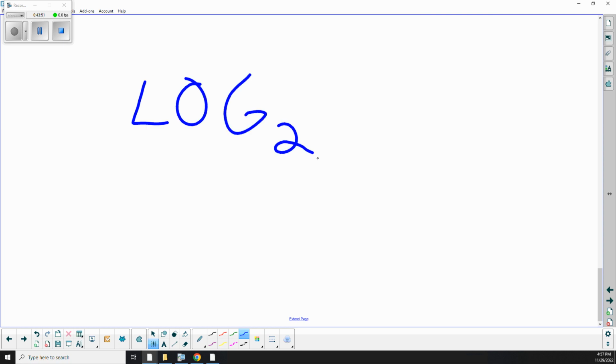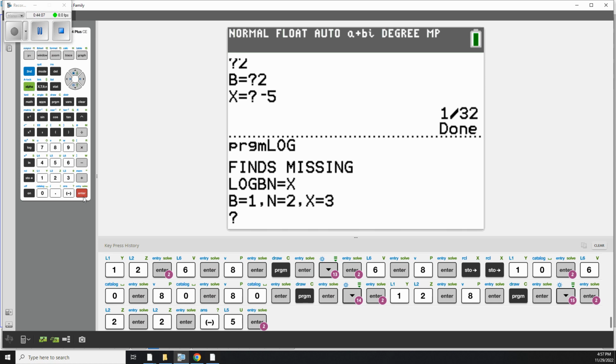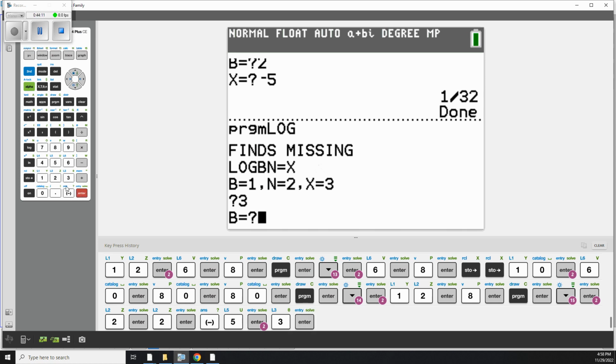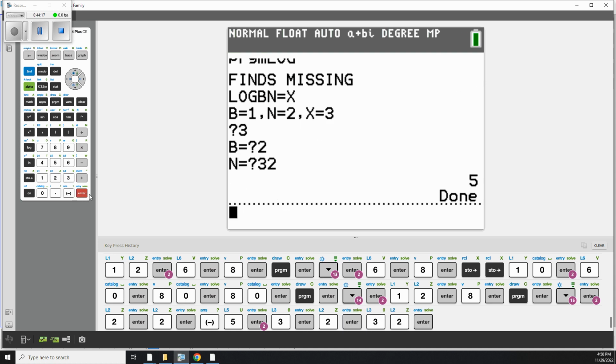What piece are you missing now? You've got the first piece, you've got the second piece, you're missing the third, huh? You can hit enter and stay in the program, and then all you do is hit 2, 3, 2, and it evaluates the log for you.